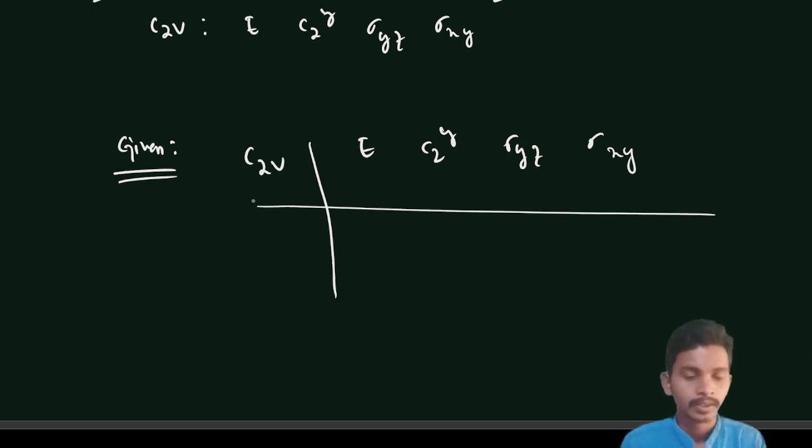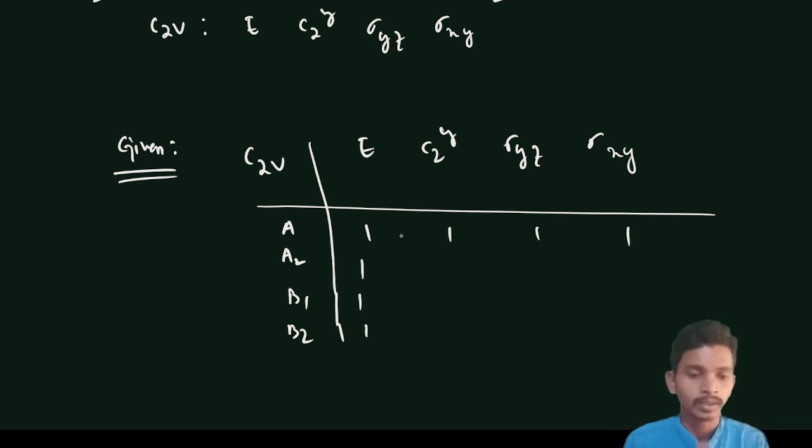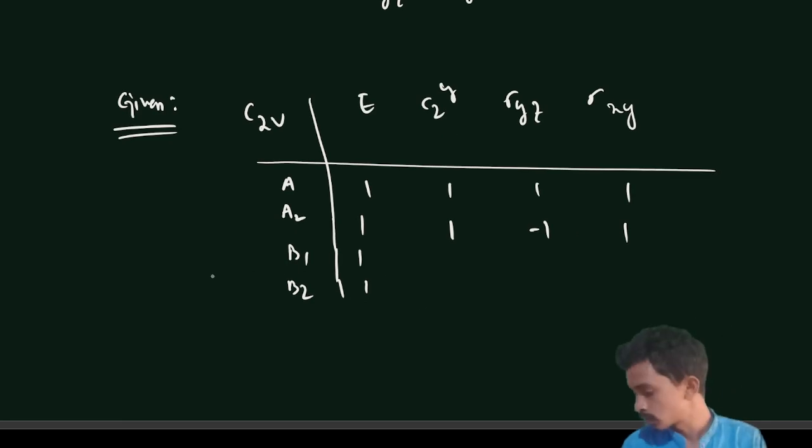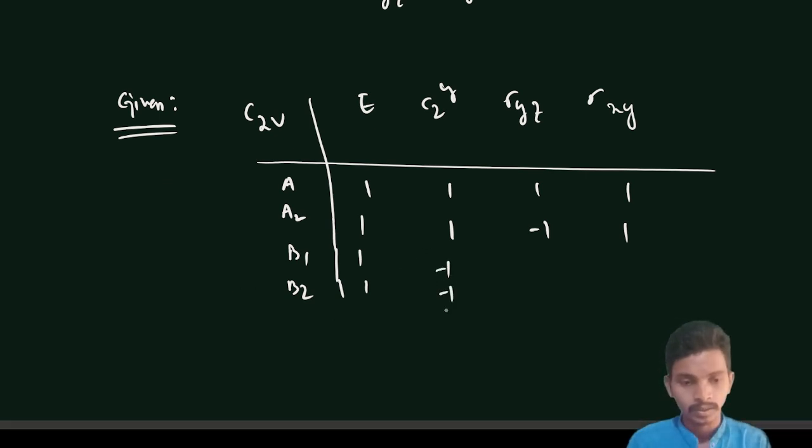And with that, the table will be given to you. This is A2, B1, B2, and this is given 1, 1, 1, 1, 1, 1, 1, and this will be 1, minus 1, 1, and the group will be given 1, 1, minus 1, minus 1, and 1, minus 1, and this will be minus 1, minus 1, and 1.